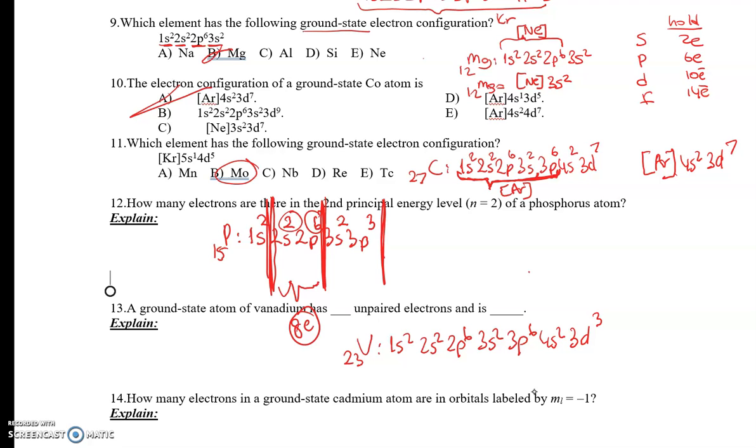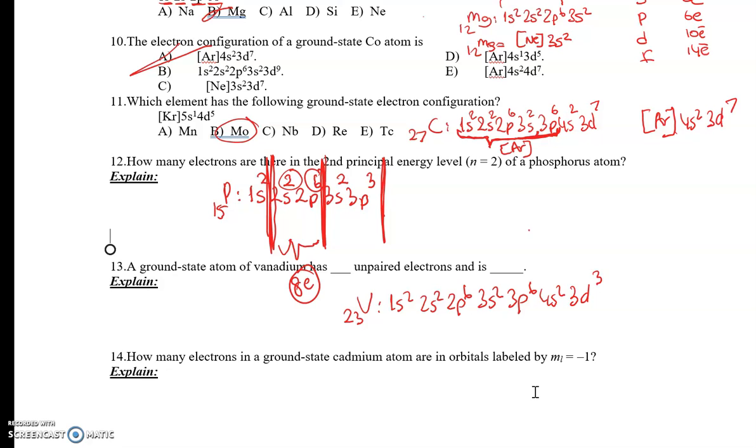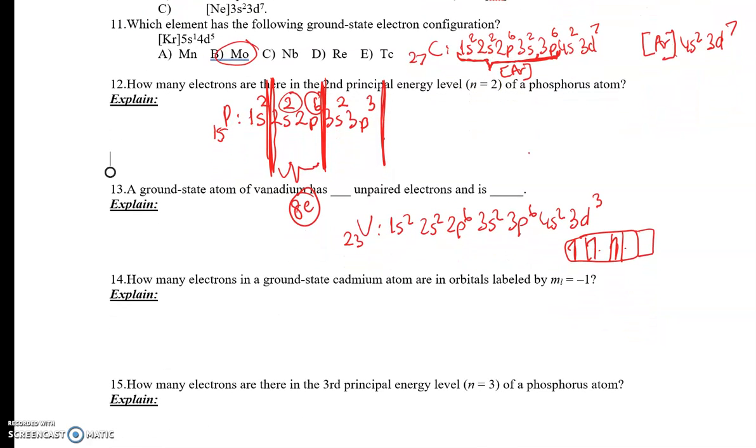Okay, so it's asking how many unpaired electrons. So here 1, 2, 3, 4, and 5. So we have 1, 2, and 3 electrons unpaired, right? Because all the rest are paired. Okay. 14. How many electrons in a ground state of cadmium?